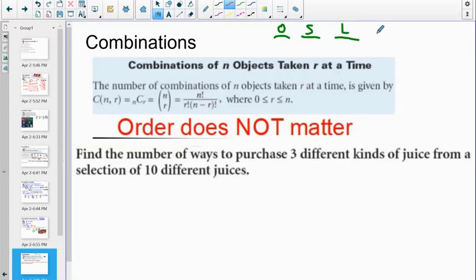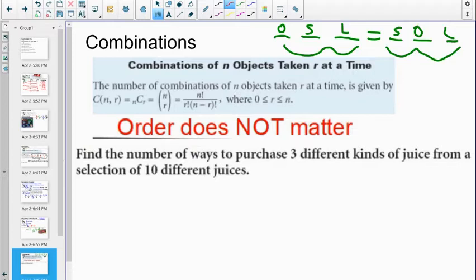That is no different than if you were to pick strawberry juice, orange juice, then lemonade. So those are the same. That's what I mean by the fact that order does not matter, because this arrangement is the same as this arrangement here. So that's why you end up dividing by the number of ways you can arrange them.